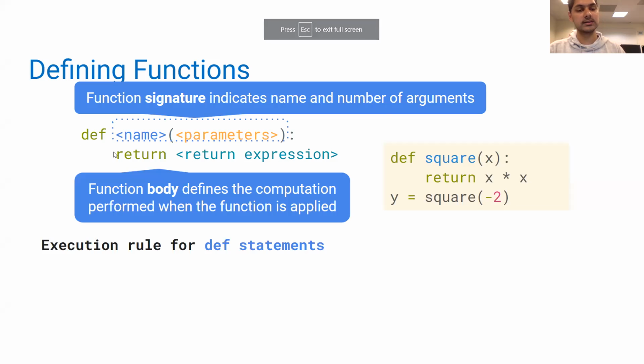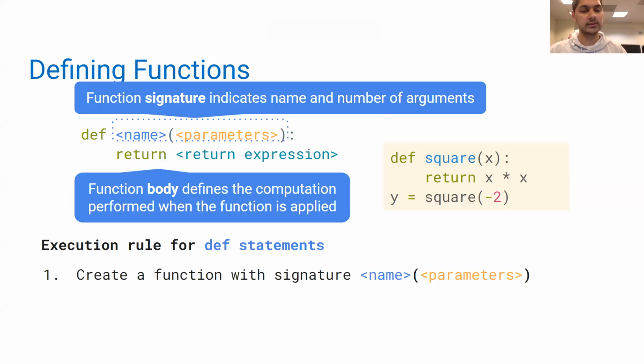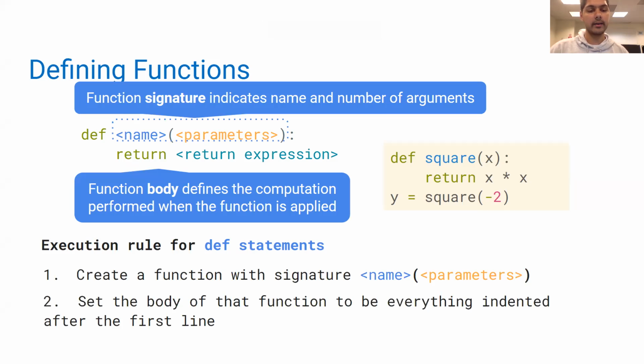So this is the function signature, which contains the name and the parameters, or the number of arguments in our function, and then the body of the function. The execution rule is we first create a function with the signature, and set the body of the function. We always have to indent when we create a def statement. Everything after the def statement needs to be indented, as you can see here, there's an indent from here.